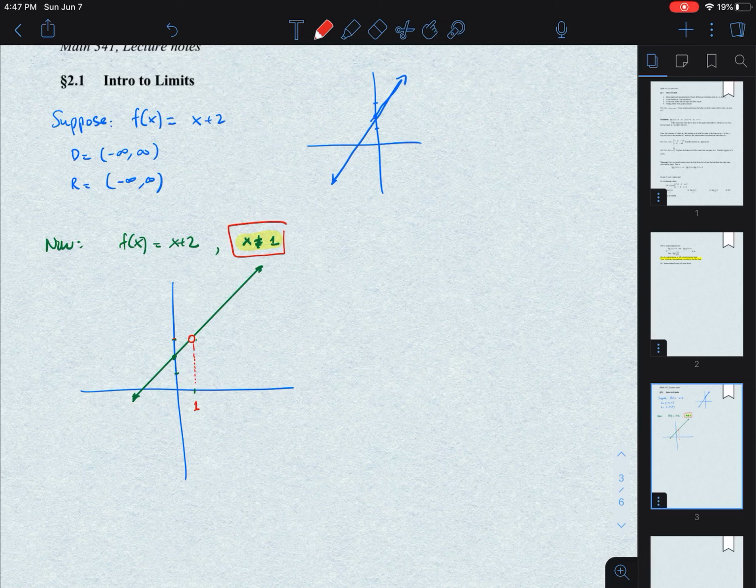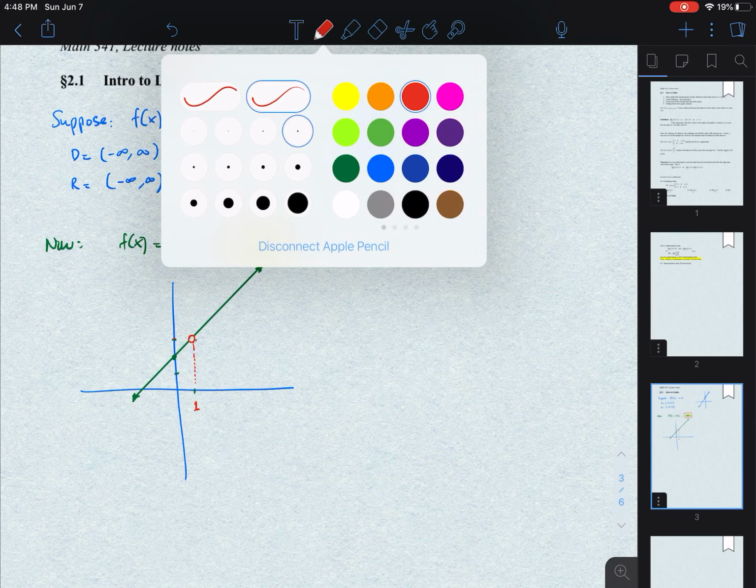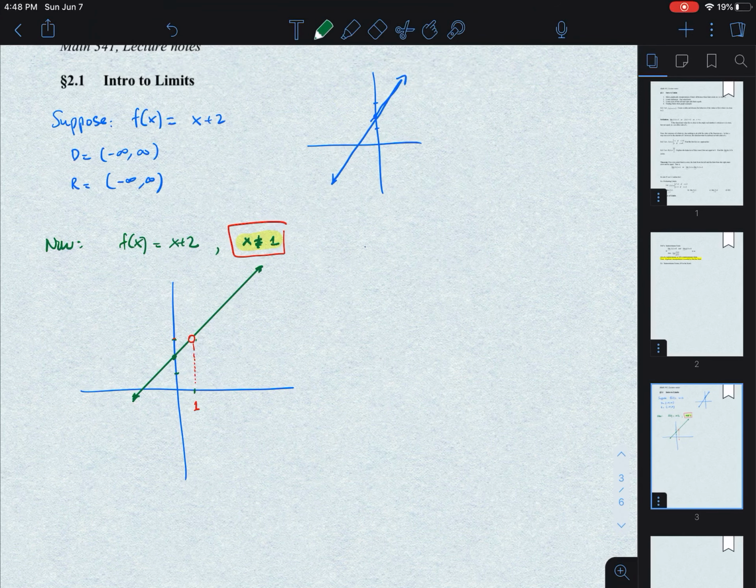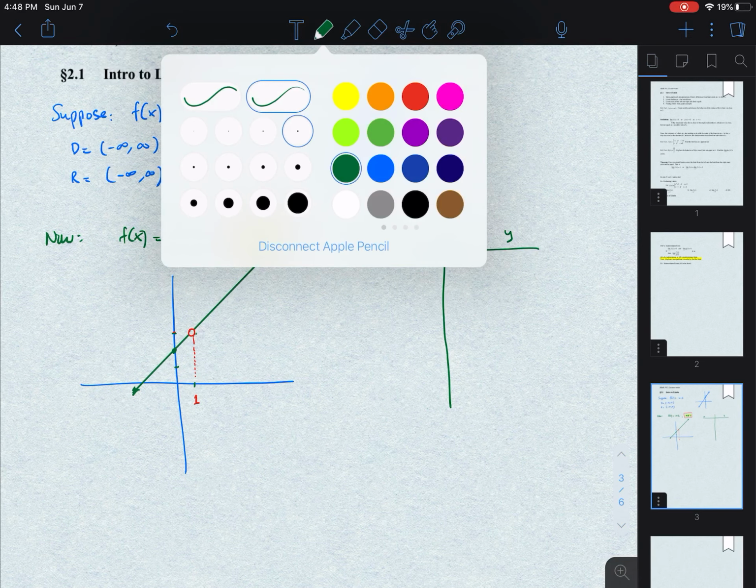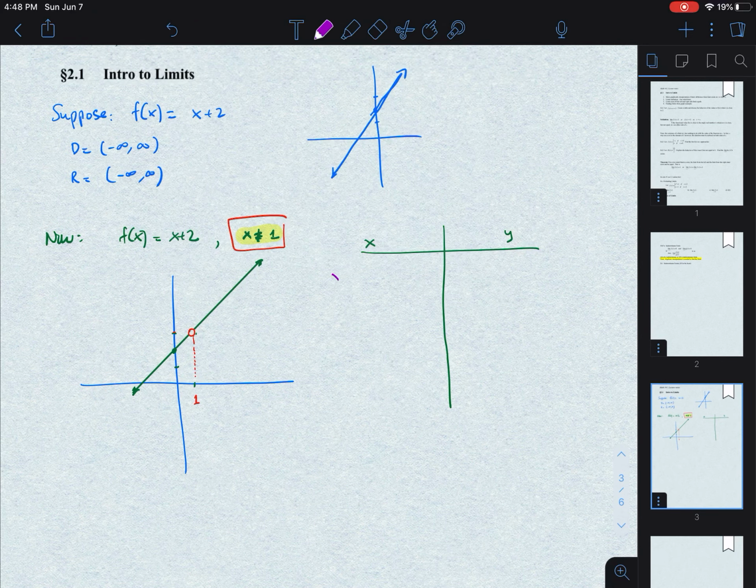So what does it mean to say the limit as x is approaching 1? I want us to look at some x values that are really close to 1. Let's consider x on the right side of 1. We're going to look at values of x approaching 1, not equal to 1, but getting really close to 1 from both sides.